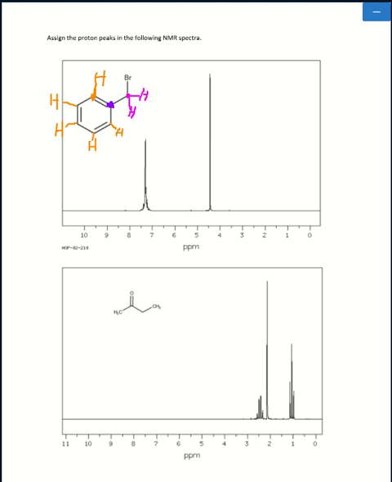Therefore, that carbon in purple, part of the benzene ring, is already bonded 4 times. Therefore, there is no hydrogen attached to that particular carbon.